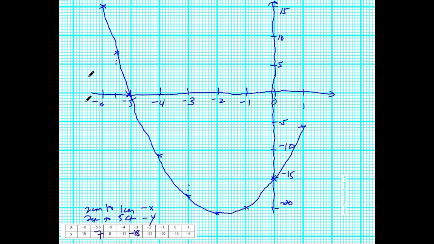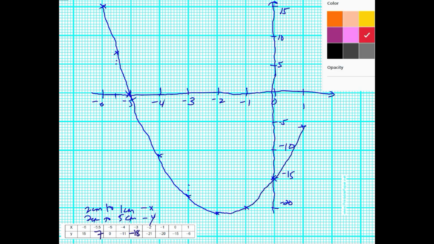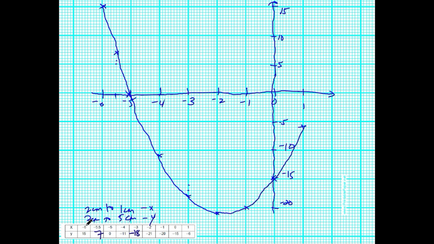You plot all the points, and you see here it's given 2 cm to 1 unit. So negative 6, negative 5, negative 4, and 2 cm to 5 units on the y-axis. So 5, 10, 15. So you get the graph.